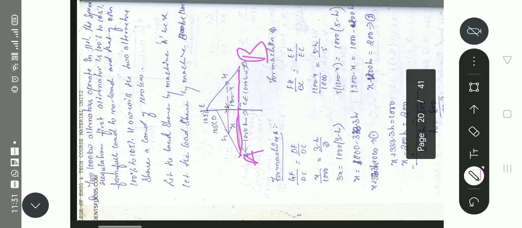The meeting point I am taking as C. Here the load shared by A is X and the load shared by B is 1200 minus X.